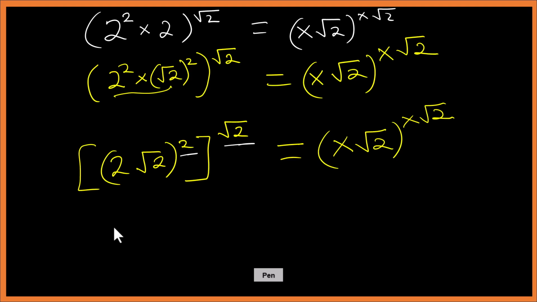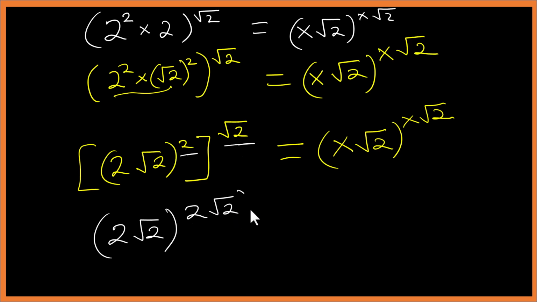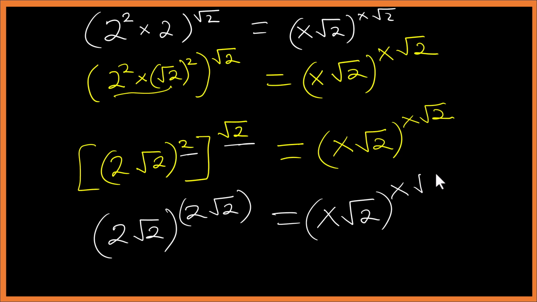This side will be 2 times square root of 2, and the powers will be that 2 times square root of 2. We have it here equals x times square root of 2, raised to x times square root of 2.